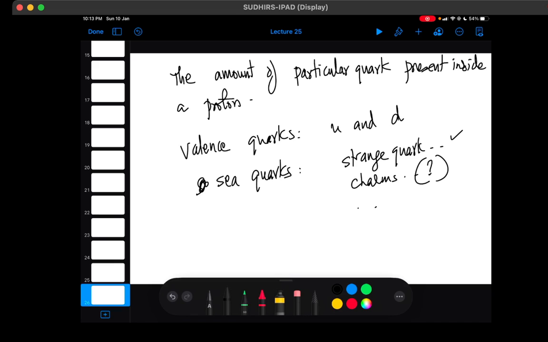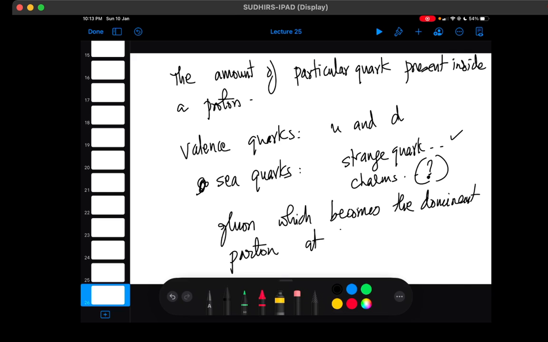But the most important discovery is the parton distribution function of a gluon, which becomes the dominant parton at high energies. At high energies, most of the proton is actually a gluon. The rest of the particles don't really play a role; most of the time it is essentially a gluon.